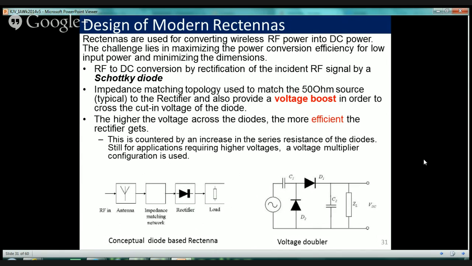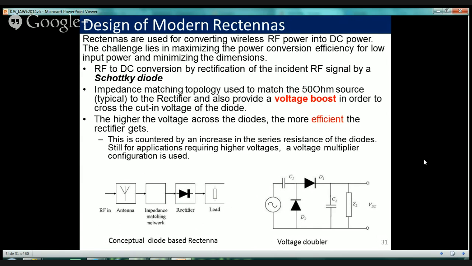If your input is in the order of microvolts, it doesn't turn on the diode, and nothing will go to the other side of the load. To cross the cut-in voltage threshold of the diode, we need to somehow boost up the voltage. So the quality factor of this matching network plays an important role in efficient energy transfer from an antenna to this rectifying diode.